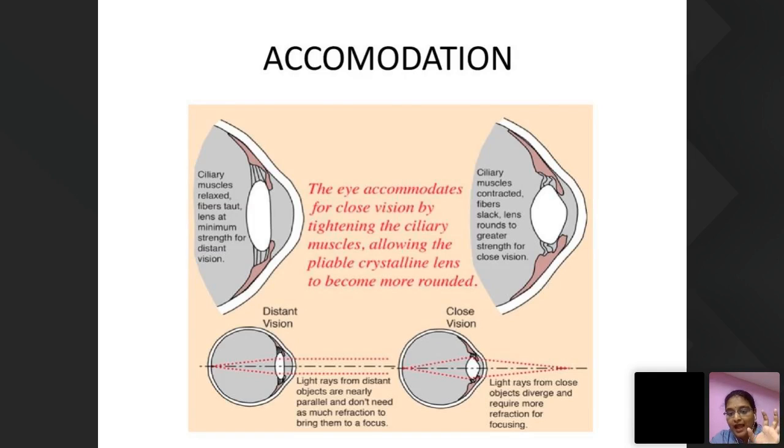If this happens for a few hours or a few days, it works fine. But if it goes on long term, the light rays won't reach the retina; they fall before the retina, so we cannot see distant objects. That is myopia. The next stage of muscle strain, asthenopia, is myopia. This is what we are getting.